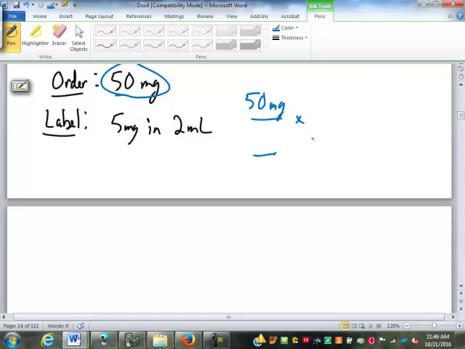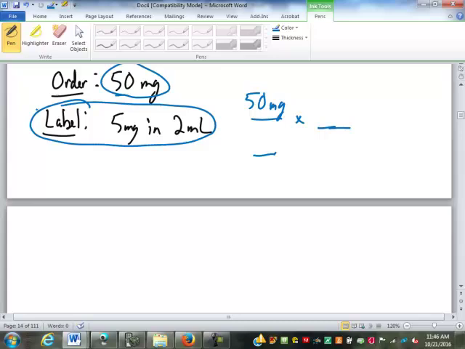Now remember, both my on-hand dose and my vehicle come off the label. So I have 5 milligrams and 2 milliliters. Which one goes underneath the 50? 5, yes. Remember, what goes down here for the on-hand dose must have the same units as the desired dose. So 5 milligrams has to go there because it's milligrams, which makes my vehicle 2 milliliters.